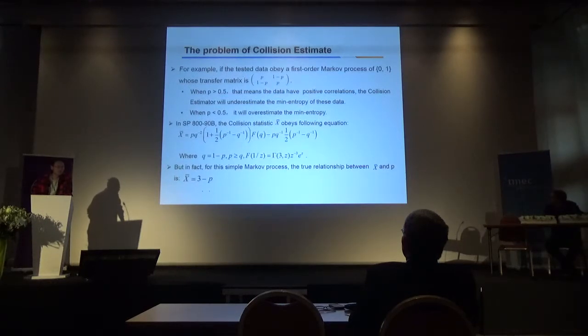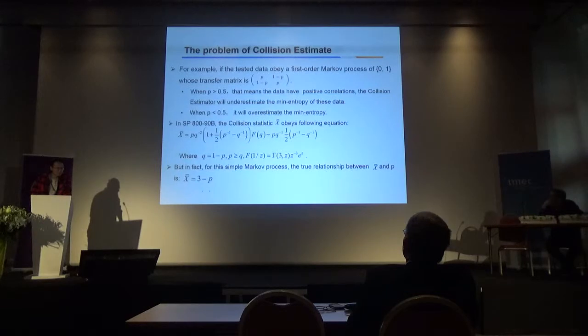According to the current version of NIST, this estimator is only applied to binary inputs. So, if the tested data obey a first-order Markov process of 0, 1, whose transfer matrix is this, we can say that when P is larger than 0.5, the collision estimator will underestimate.